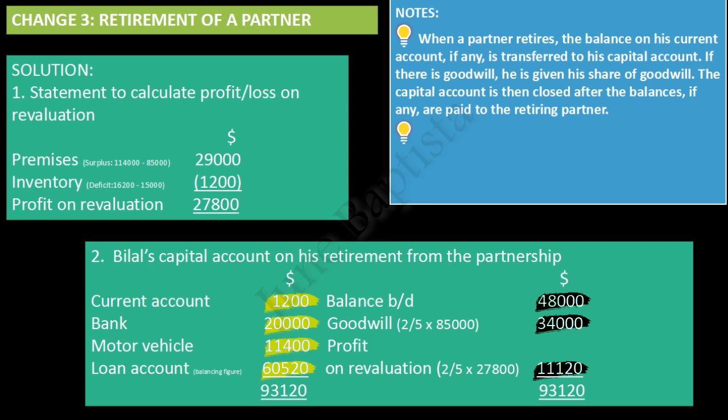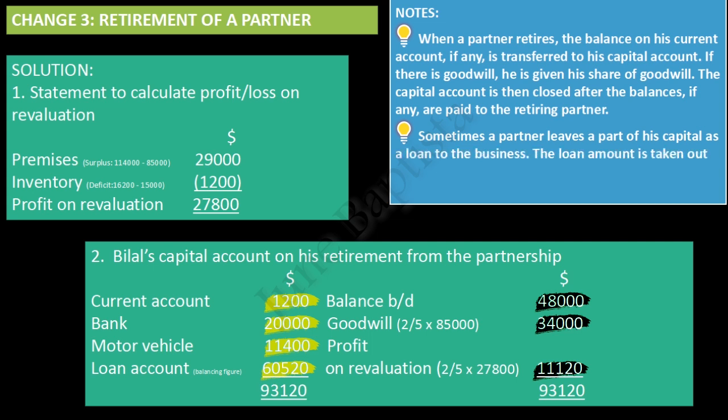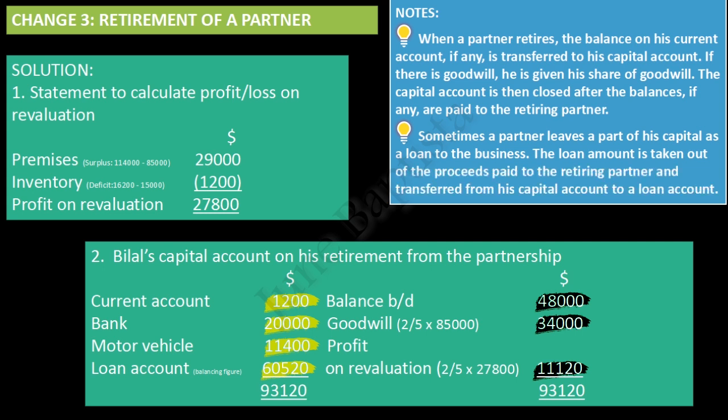Note 2. Sometimes a partner leaves a part of his capital as a loan to the business. The loan amount is taken out of the proceeds paid to the retiring partner and transferred from his capital account to a loan account, in this case $60,520.